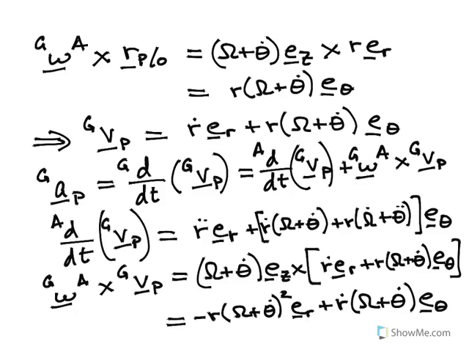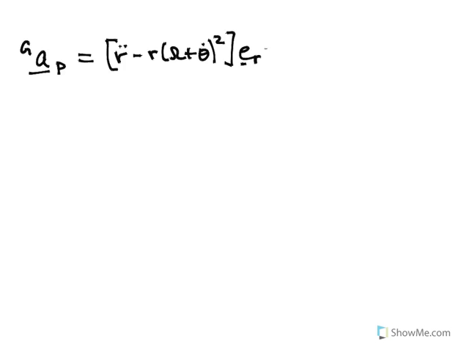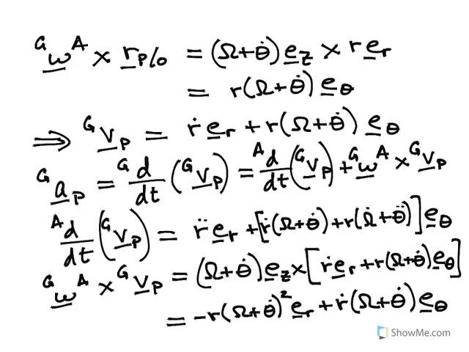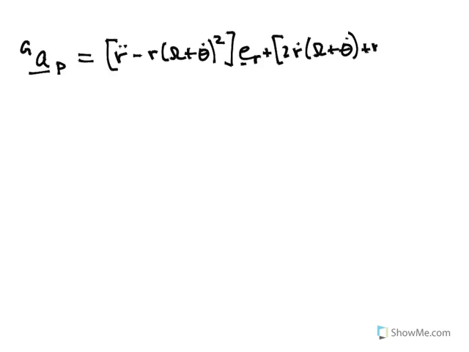So I've got 2 R dot times omega plus theta dot. That takes care of those two terms. Plus R times omega dot plus theta double dot, and then the whole thing times E sub theta.